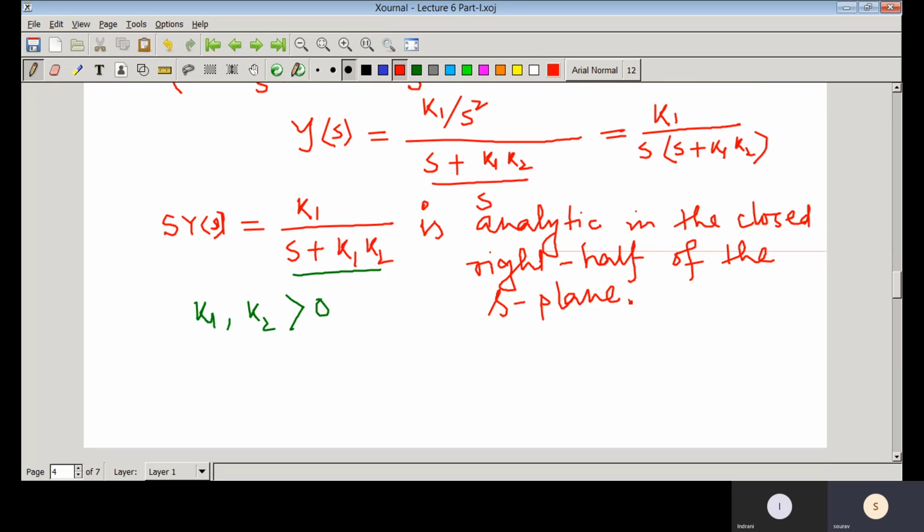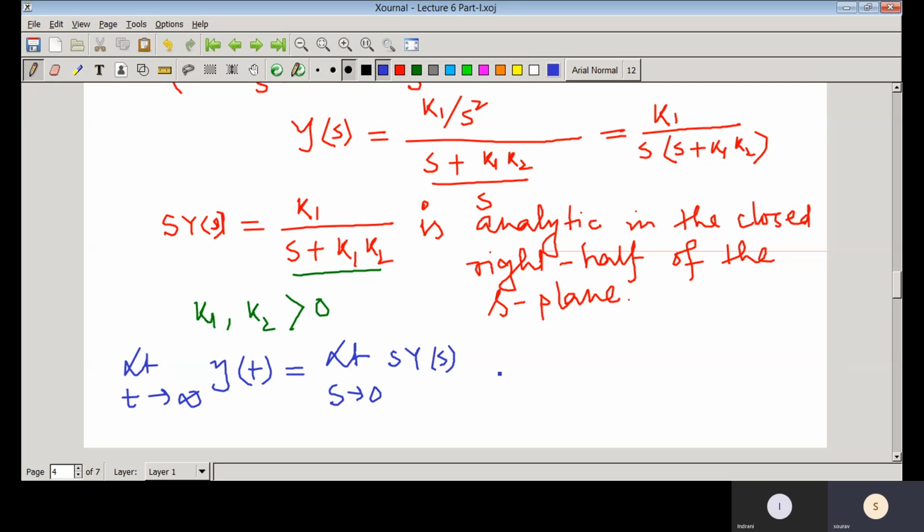Now if we apply the final value theorem, what will we get? Limit t tends to infinity y(t) equals limit s tends to 0 of s Y(s).